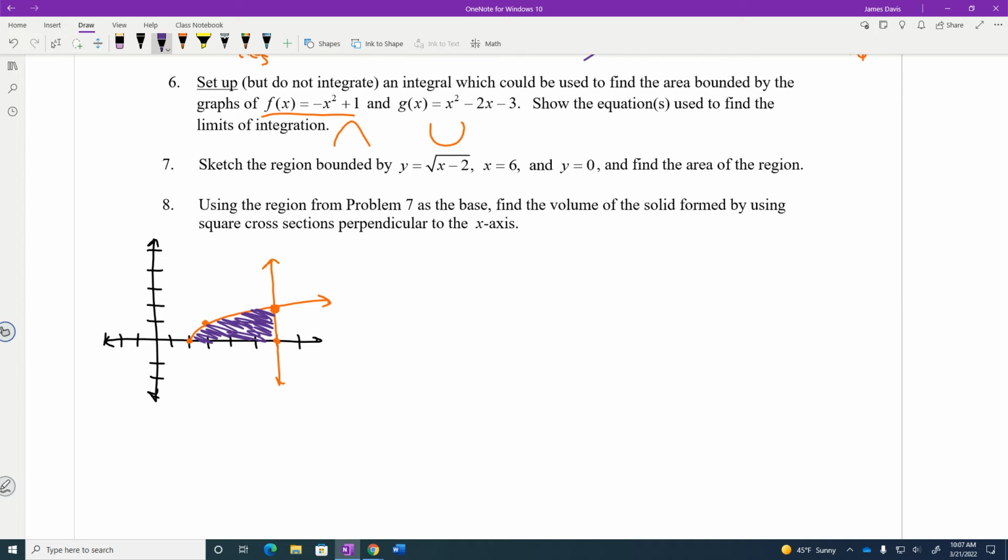And when you sketch it, try to make it proportional so where they intersect is correct. So like this would intersect at 2, 6 minus 2, which is 4, that's where that is. So that looks good for the region. And then we got to go ahead and find the area.